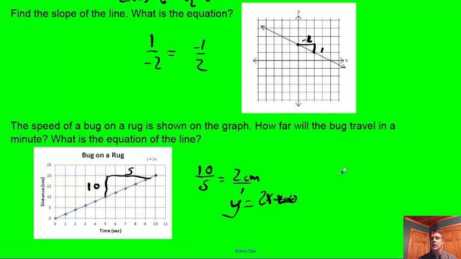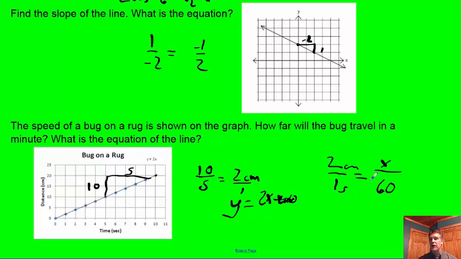So you can make a proportion if you want. 2 centimeters in 1 second. Now you can say, okay, so how many is in a minute? Well, I don't want to put 1, I want to put 60. I want to go apples, apples, oranges, oranges. I want to go centimeters, centimeters, seconds, seconds.